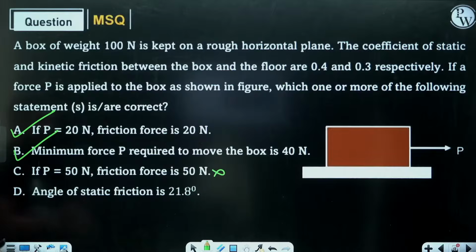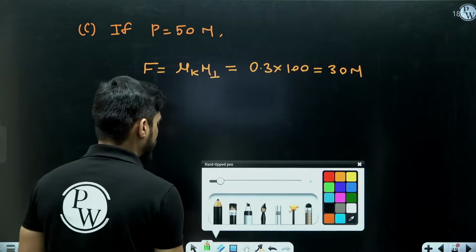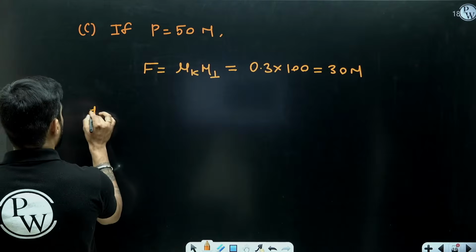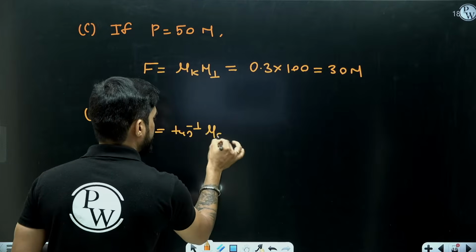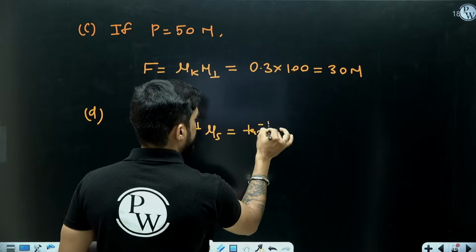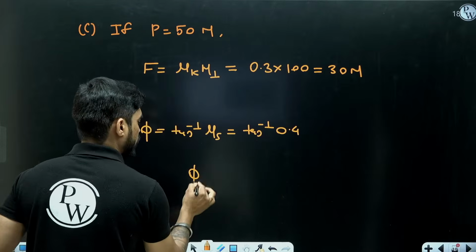Last statement, angle of static friction is 21.8 degree. So phi will be equal to tan inverse of mu s, means tan inverse of 0.4.